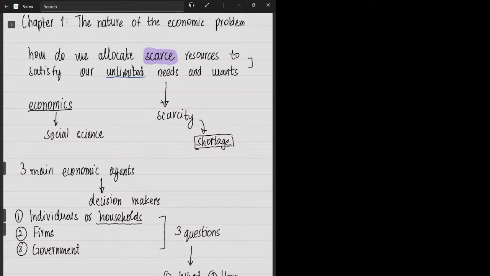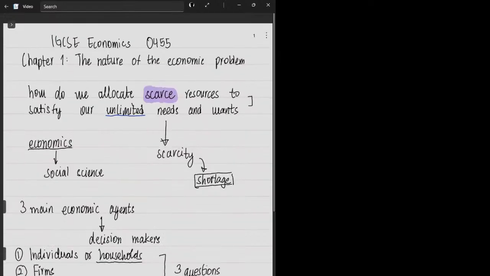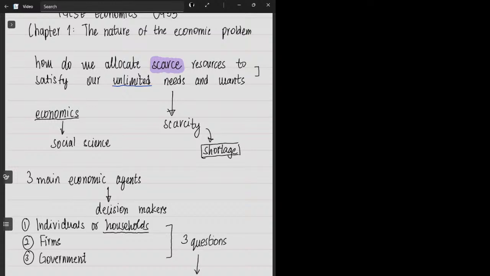Because the government's aim is not to earn a lot of profit. Its aim is to provide a service to the households living in the country. But the private sector's aim is to earn profit, because that is the only reason they produce, right? If they're not going to earn profits, why would they produce?